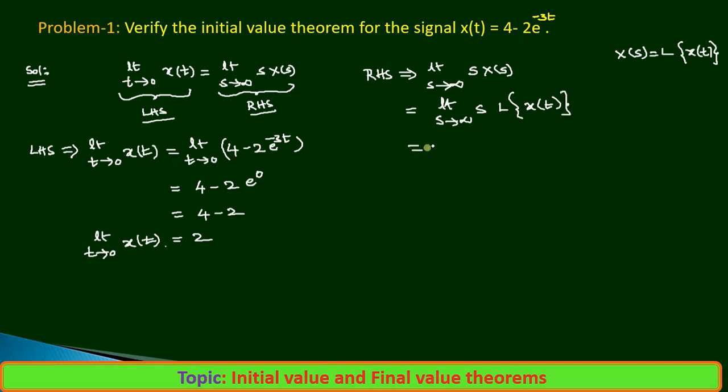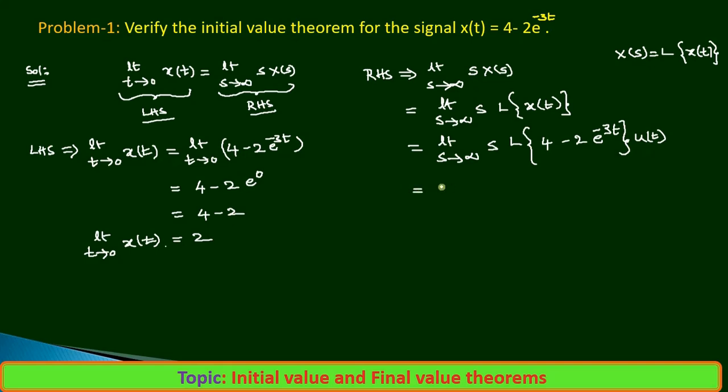That equals limit s tends to infinity of s times the Laplace transform of the signal 4 minus 2 e^(-3t). This is a causal or right-sided signal, so we can write it times u(t).